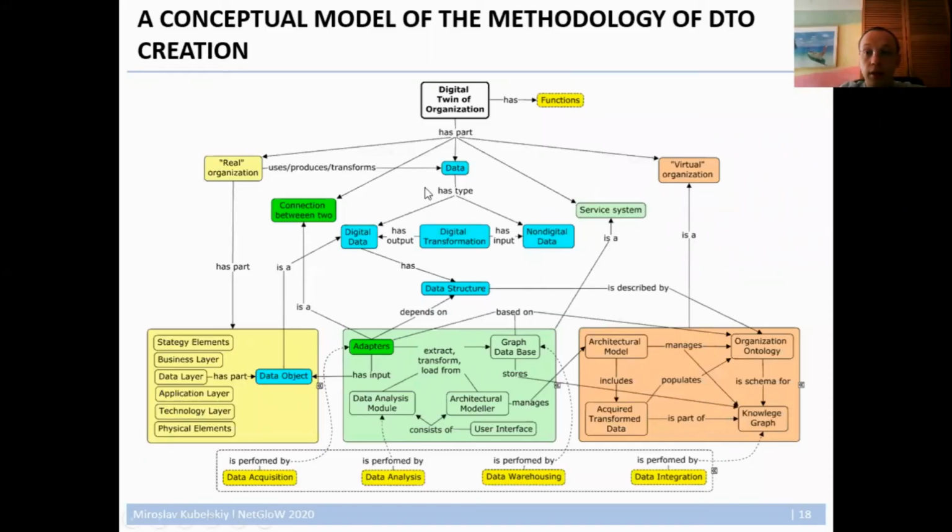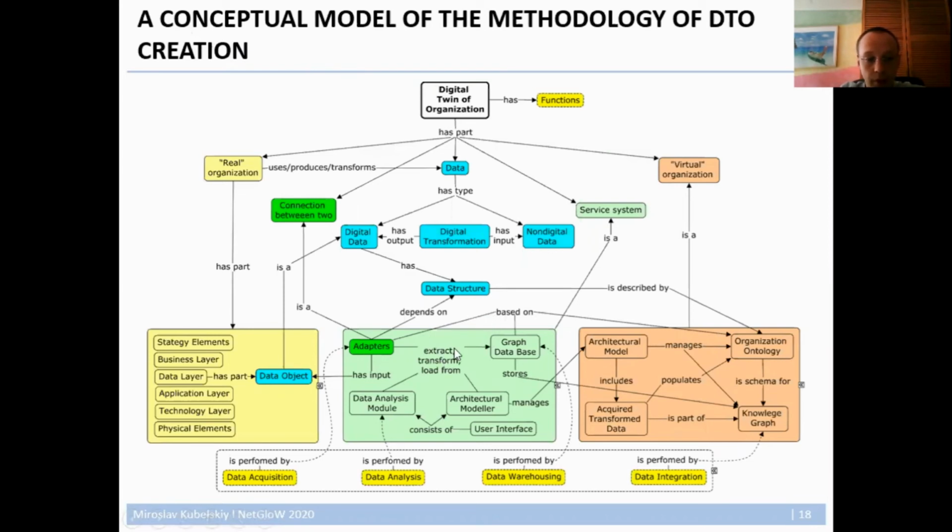And in this slide, you can see the conceptual model of the methodology of digital twin of organization creation. So, what do we have here?